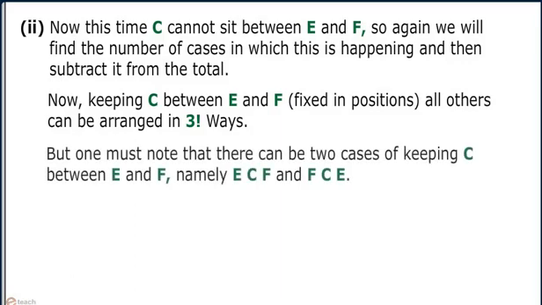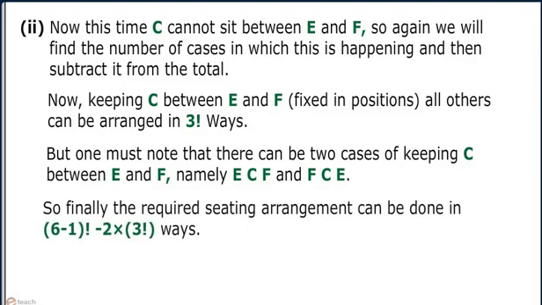But one must note that there can be two cases of keeping C between E and F, namely ECF and FCE. So finally, the required seating arrangement can be done in (6 minus 1) factorial minus 2 into 3 factorial ways.